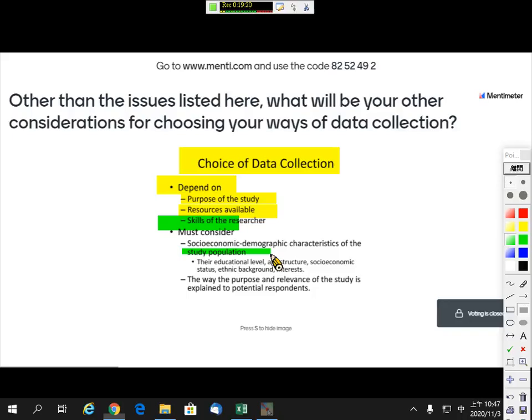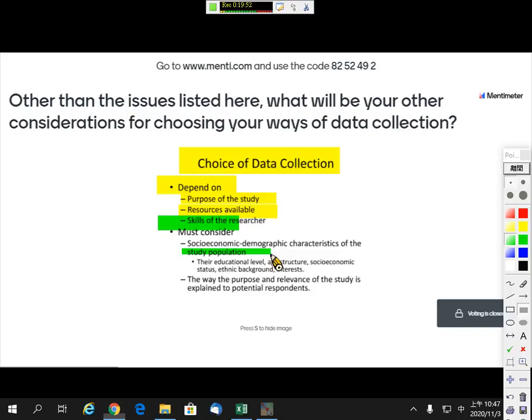If you want to collect data from, let's say, a group of old folks sitting under the trees in front of the temple, they do not speak Chinese, Mandarin at all, only speaking Taiwanese or Hakka. So what kind of ability do you need to have? You need to speak Hakka or Taiwanese. Or otherwise, there is no way for you to collect your data, right? So you have to look at who are the people you want to collect data from.